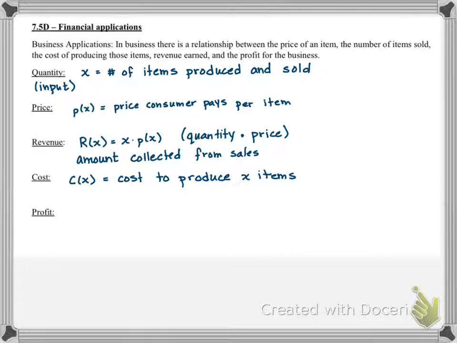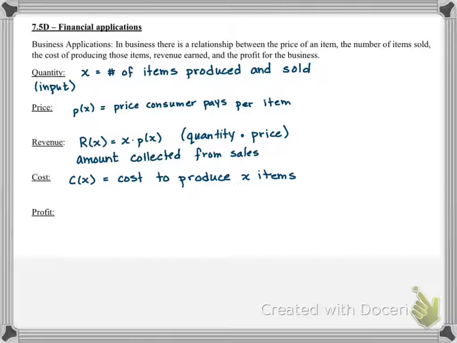So the producer has to spend some money to make a product and then sells that product for a certain price, which hopefully is not the same amount as it costs them to make it. The other thing to notice about cost and price is that C of X is a total cost to produce like 10 items, as opposed to the price, which is for one item, right?